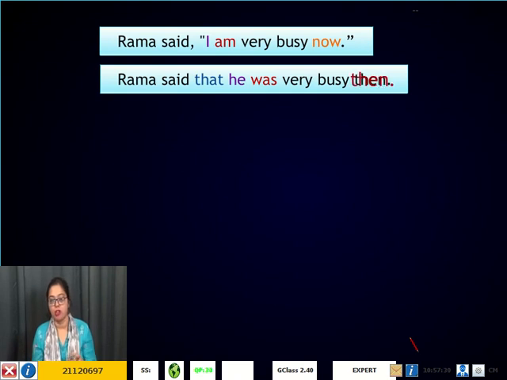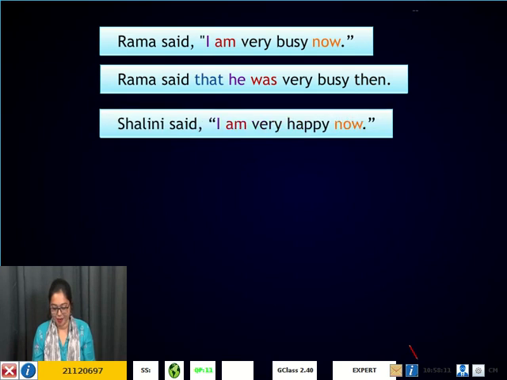Rama said that. So I became he, am became was, now became then. Did you understand how to convert from direct to indirect speech? Very good. The first thing is that I is first person singular, which gets converted into third person singular. I am becomes he was, and now converts into then. So did you understand the concept of reported speech, and how to convert direct speech to indirect speech?